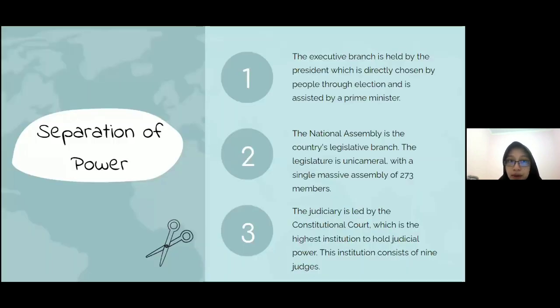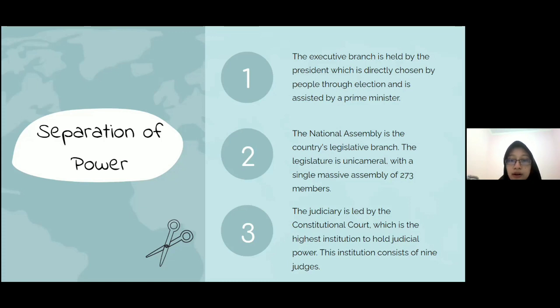Next slide. More information about separation of power will be explained in this slide. As with other countries, South Korea divides itself into 3 branches. First, since the system of South Korea is presidential, the executive branch is held by the president, who is directly chosen by the people through election and is assisted by a prime minister.